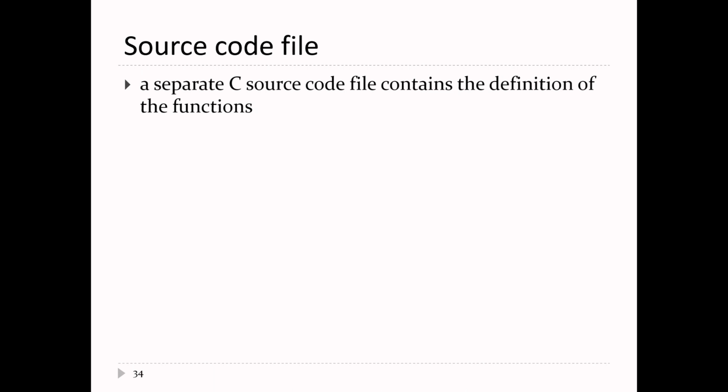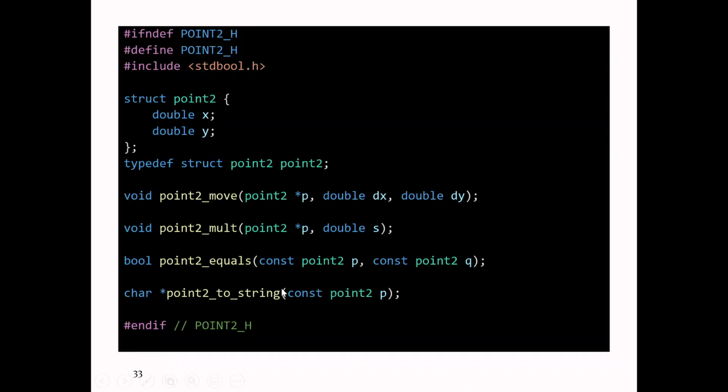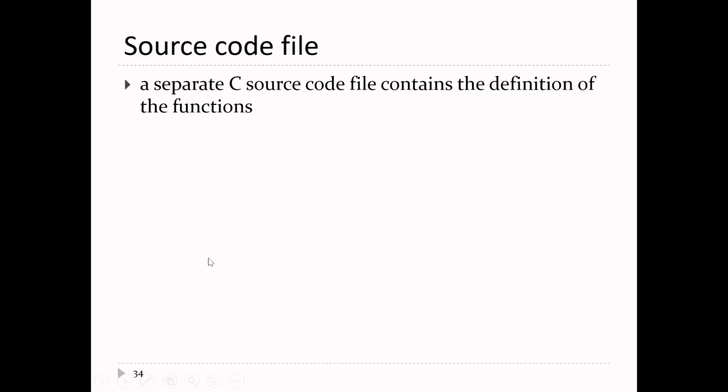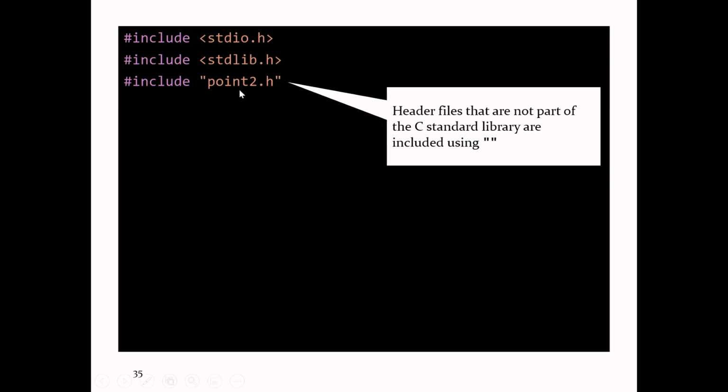What's next? Okay, so where do you actually define these functions? Well, you define them in the C source code file point2.c. So this is point2.h. All of the functions now go into point2.c. And the first thing you do in point2.c, or not necessarily the first thing, but what you have to do is include your header file.